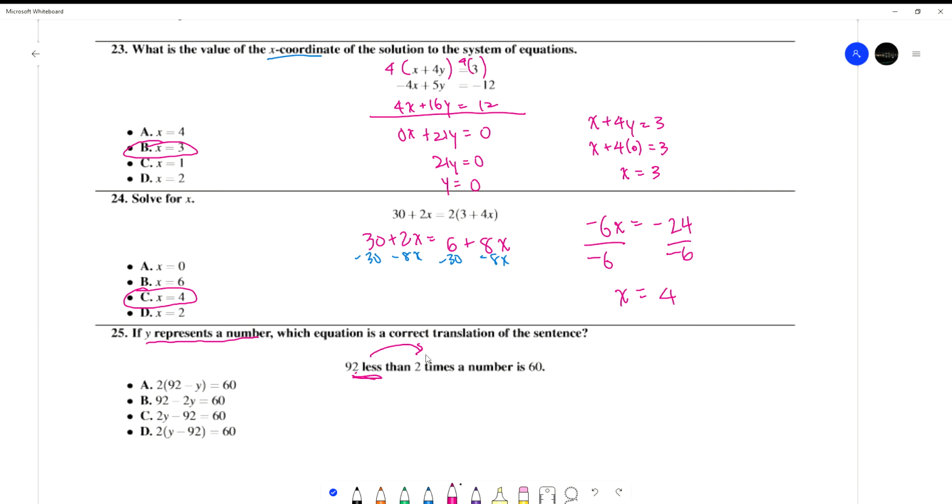What do we subtract it from? 2 times a number. So it goes after this. So I have 2 times a number and then 92 less than that. So minus 92. And our "is" is our equal sign, 60. So I look over here and I see that answer choice C is the correct answer.